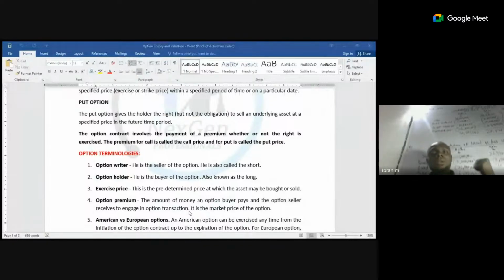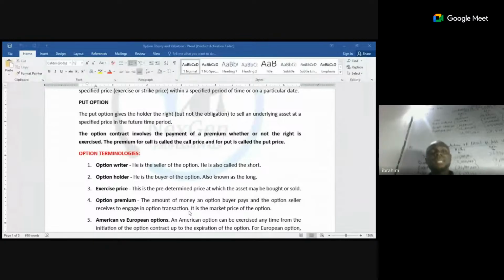Mr. Peter goes to the option market today to exercise his right to buy. You will buy from somewhere, right? So the person, the seller of the option, is called the option writer.